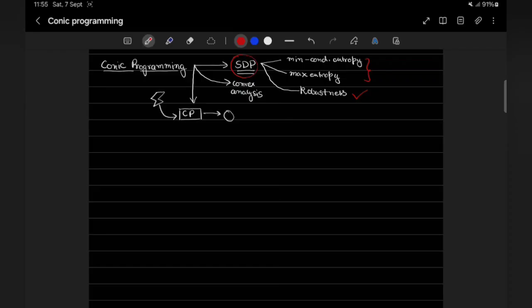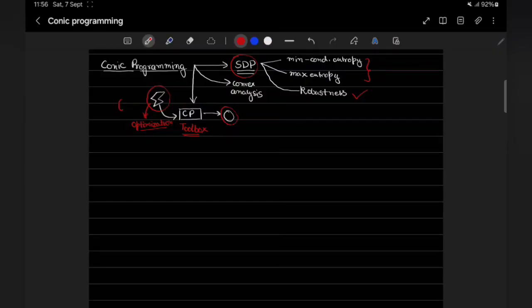What is important to think is conic programs are kind of a toolbox. They are like a toolbox using which you can convert one type of problem. So you have some optimization problem and you convert a seemingly complicated optimization problem into a different kind of optimization problem.